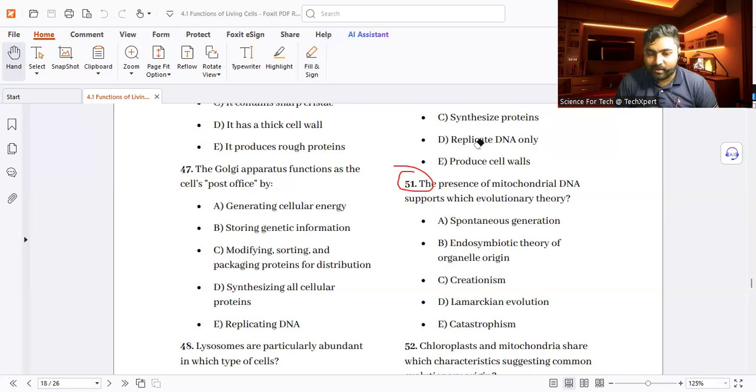At that time I told you there is a small story behind that, and most people believe it. That theory is known as the endosymbiotic theory. This endosymbiotic theory explains why 70S ribosomes can be seen in mitochondria as well as chloroplasts. Understood?